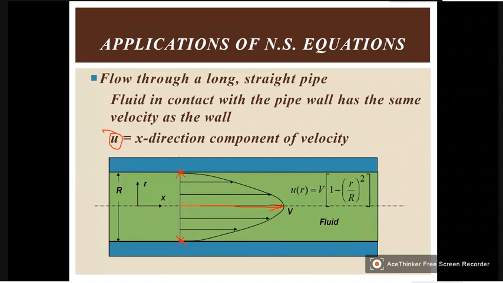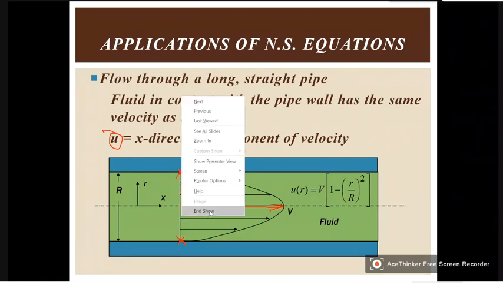So if we just want to identify this physical occurrence in mathematical terms, I can say that the velocity of the fluid at radius small r equal to capital R by 2, this is R. So at this and this, the velocity is 0. So that is the condition we will get.